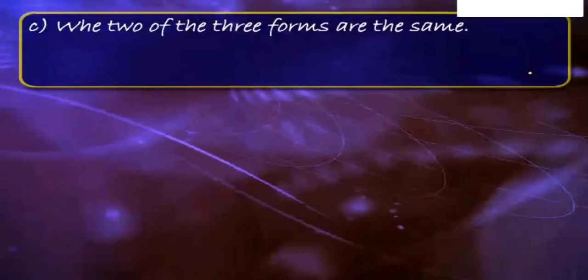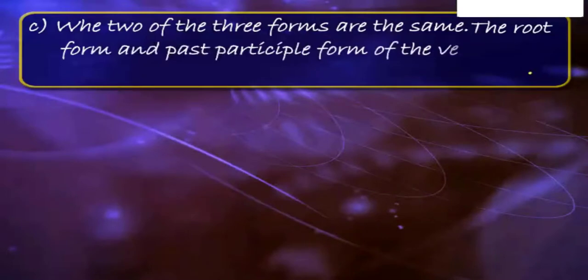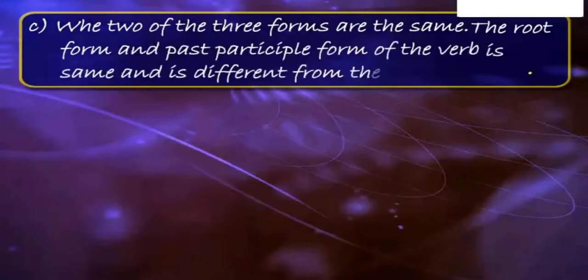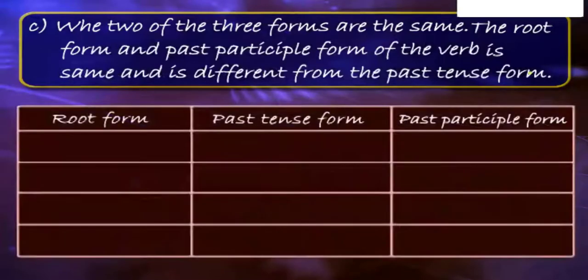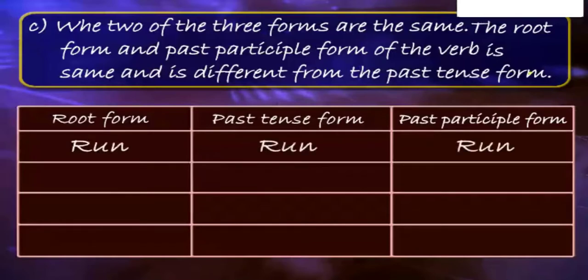Now let us take this scenario where any two of the forms, that is, root form, past form, or the past participle form of the verb are same. Here, you can clearly see that root form of run is same as its past participle form.